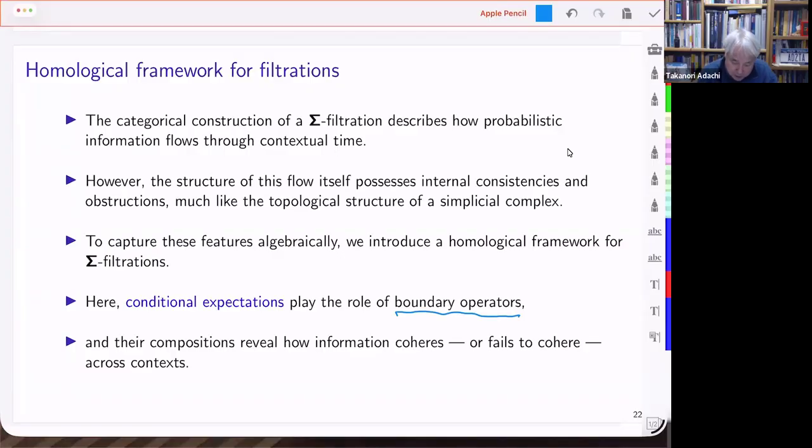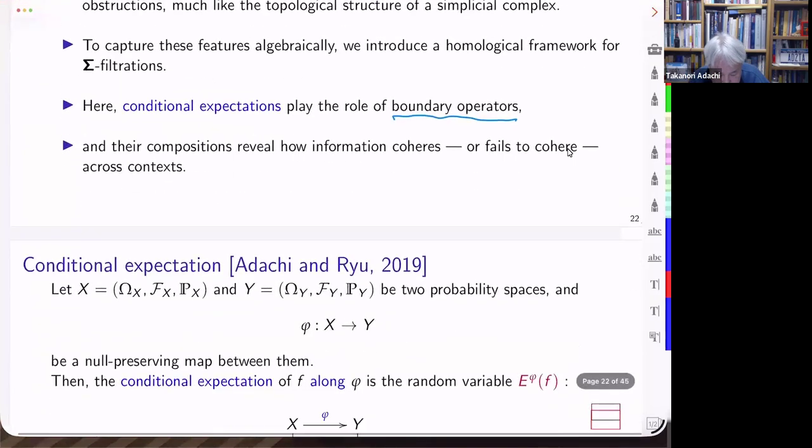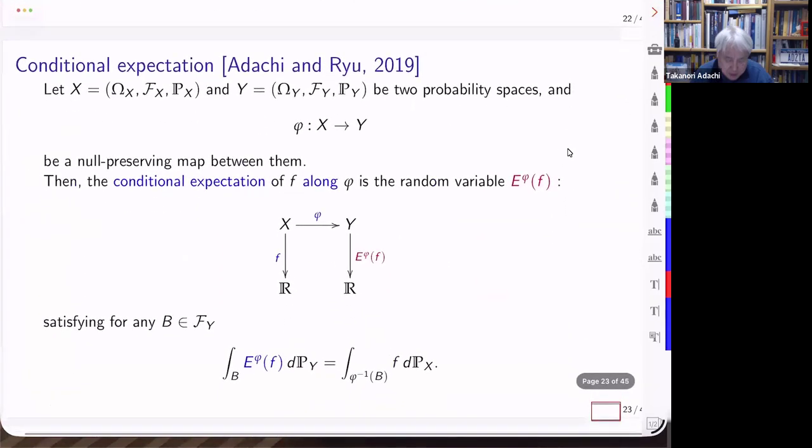And their compositions reveal how information coheres, or fails to cohere, across these contexts, because we have many contexts. I will explain these situations one by one. Before going forward, we need to review our conditional expectations.